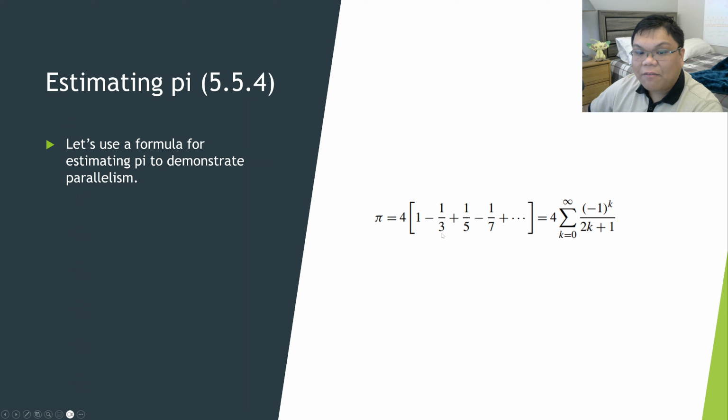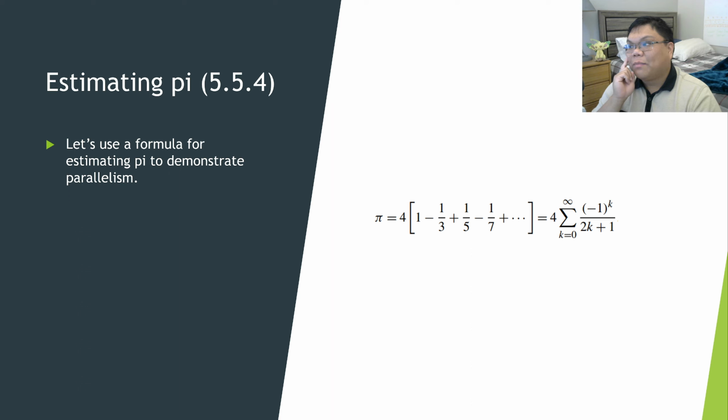So every other term is negative. More specifically, it's the terms that correspond to an odd numbered index that are negative. This is the first term, this is the third term, this is the 0th term, this is the second term. Every other term is negative.